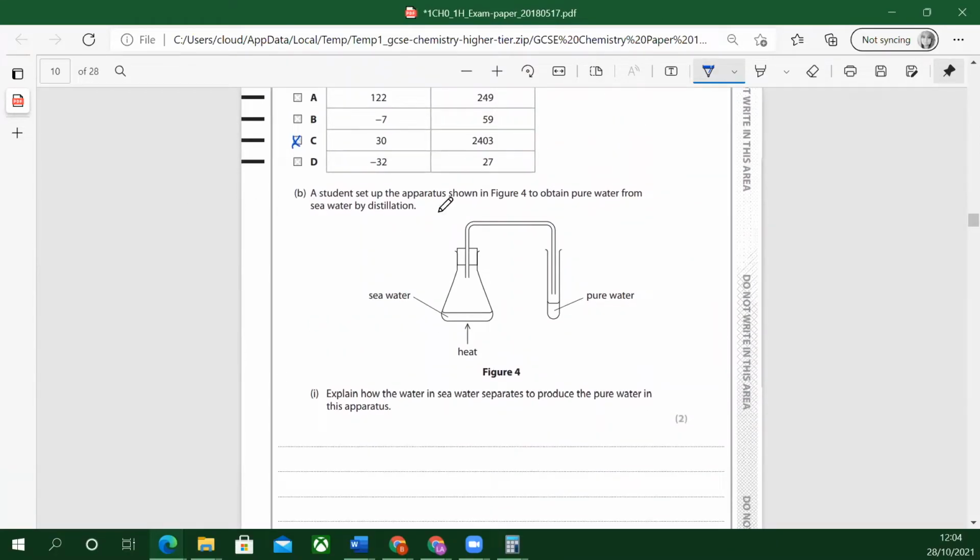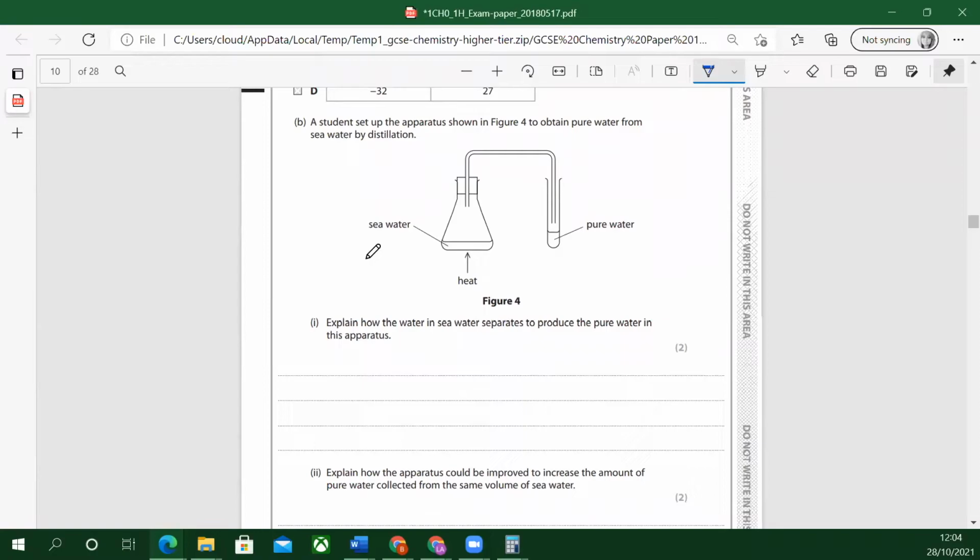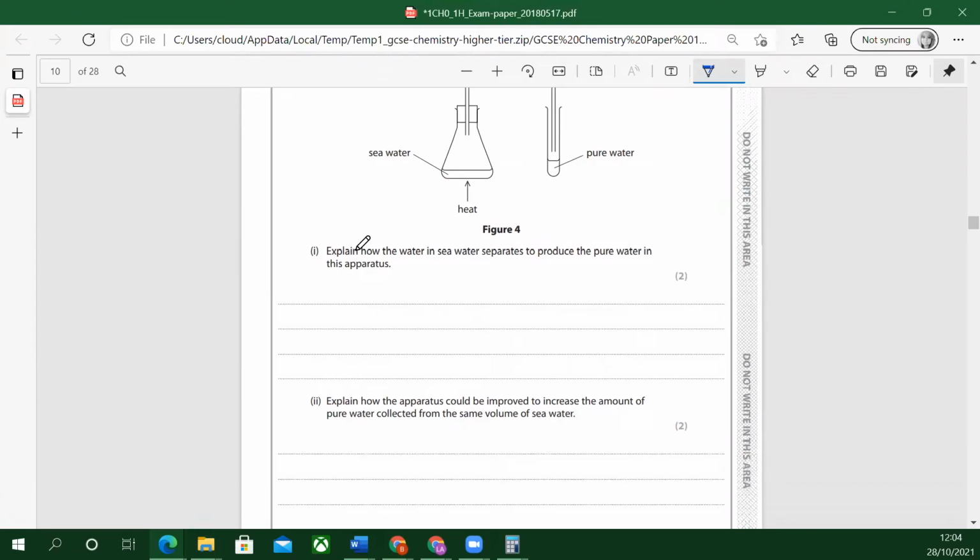Okay, a student set up the apparatus shown in figure 4 to obtain pure water from seawater. That's similar to what I was talking about earlier about sugar and water, but salt and water. Seawater has salt in it. If you've ever been in the sea, you know it tastes salty. Explain how the water in seawater separates to produce pure water in the apparatus. This is a very nice and easy one. So the water boils, doesn't it? We're heating it, the water boils to form steam and leaves the salt behind in the beaker.